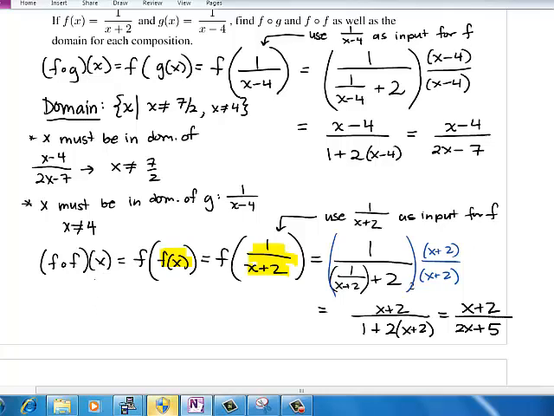So the domain for this thing, f composed with f, we have two issues again. First, x must be in the domain of the final formula.